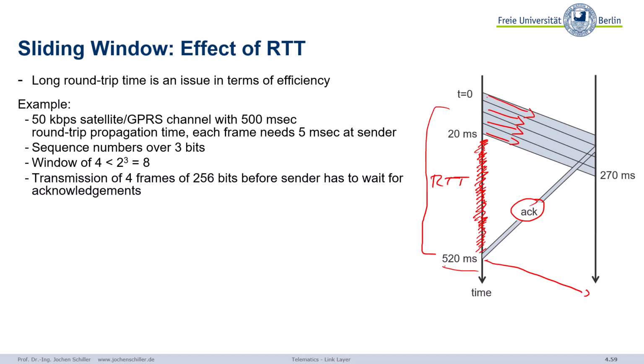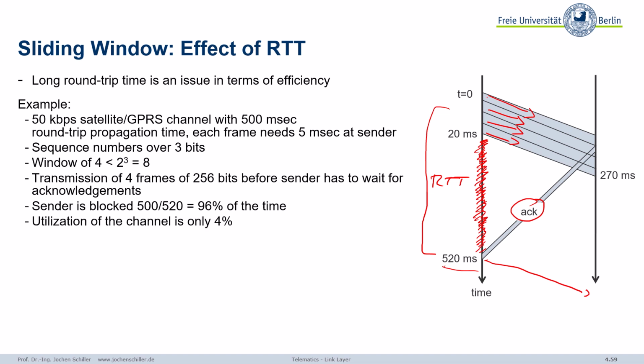We send our 4 frames and we have to wait. The sender is blocked most of the time, 96% if you do the math here. So the utilization of the channel is only 4%. And this has nothing, or not that much, to do with the data rate. The problem is the round trip time.